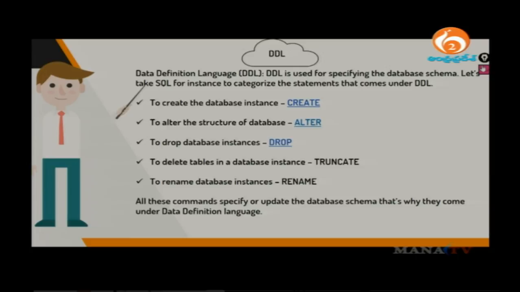Please write down all these five queries. Majorly we use four, the fifth one is optional. Rename and alter mostly do the same thing, but in the development of my applications, I usually go for defining with the alter statement. The DDL of SQL is categorized into four parts: create, alter, drop and truncate, and rename is an optional case.